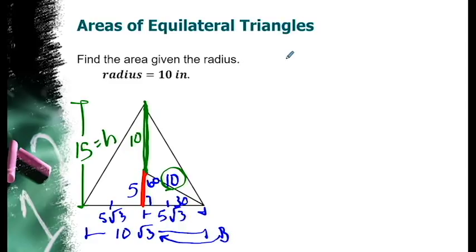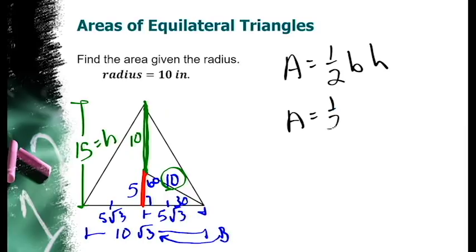So we have enough information to use our formula for the triangle. 1/2 base times height. That would be 1/2 of the base, which is 10 square root 3, times the height, which is 15.